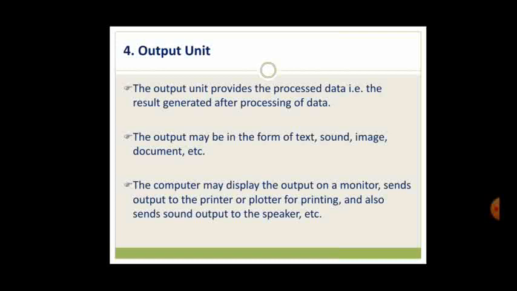So the output unit will display or generate the data after processing. The output may be in the form of text, sound, image or document. The output devices can be a printer, a speaker, a monitor, or a projector to display the output or result.